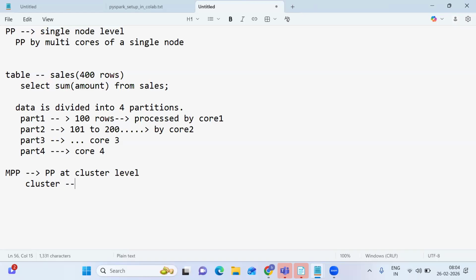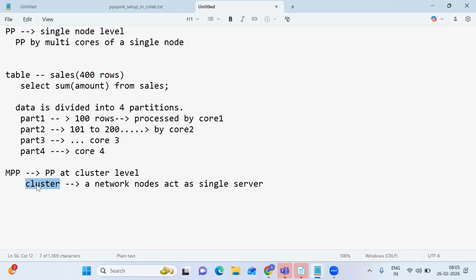In this case, cluster means a group of machines, a network of nodes that act as a single server. That is called a virtual server. It can be virtual, it can be a physical machine. A network of nodes acting as a single server is called a cluster in this context.